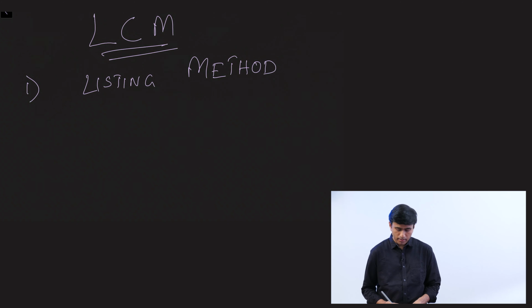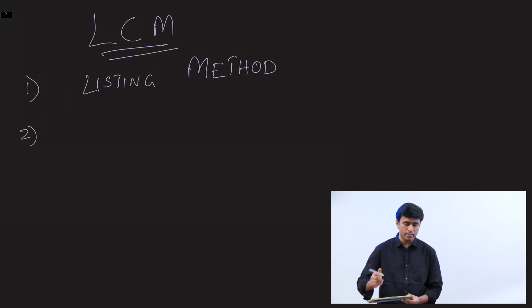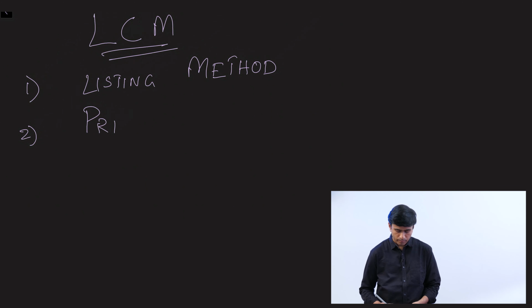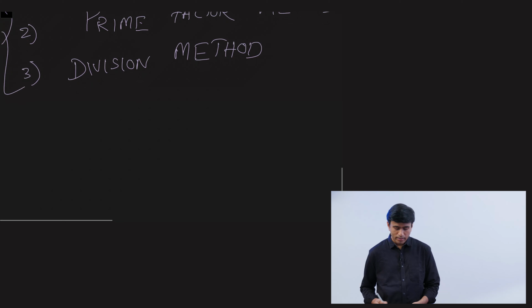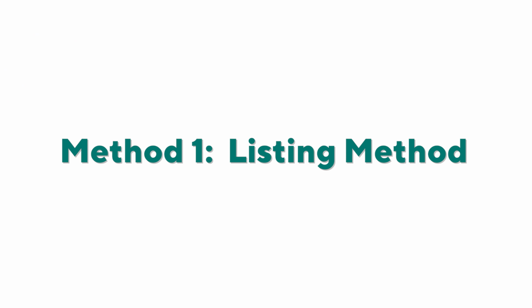The second method is the prime factor method. And the third method is the division method. Three methods for you to find the LCM. Let's start with the first method, listing method.